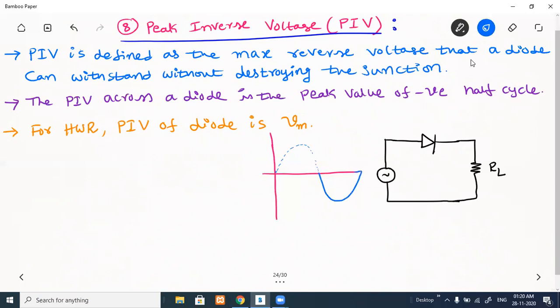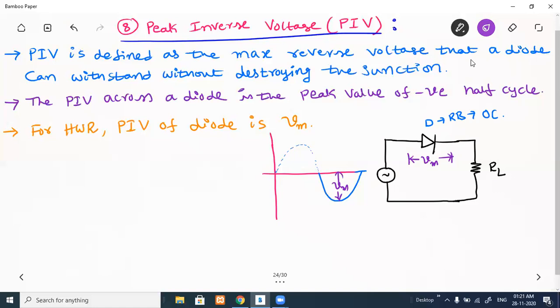During this negative half cycle, the diode D is reverse biased, and it acts as an open circuit ideally. So all the input voltage, that is minus Vm, must be dropped across the diode only. Means the diode must withstand this negative half cycle voltage. So that voltage we are calling a peak inverse voltage.